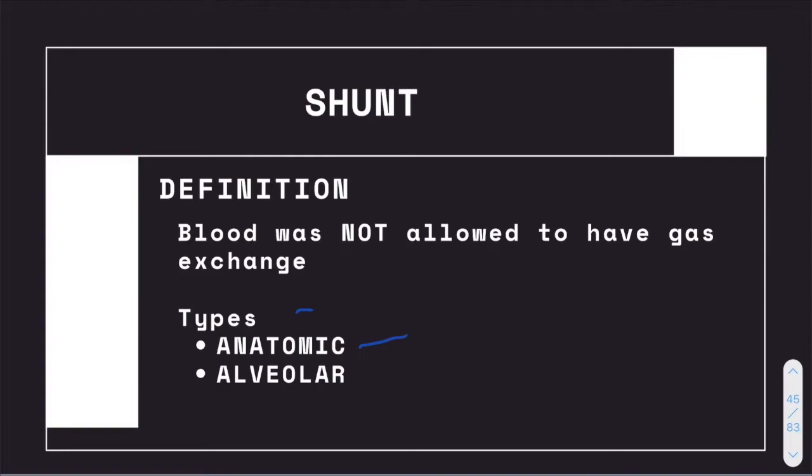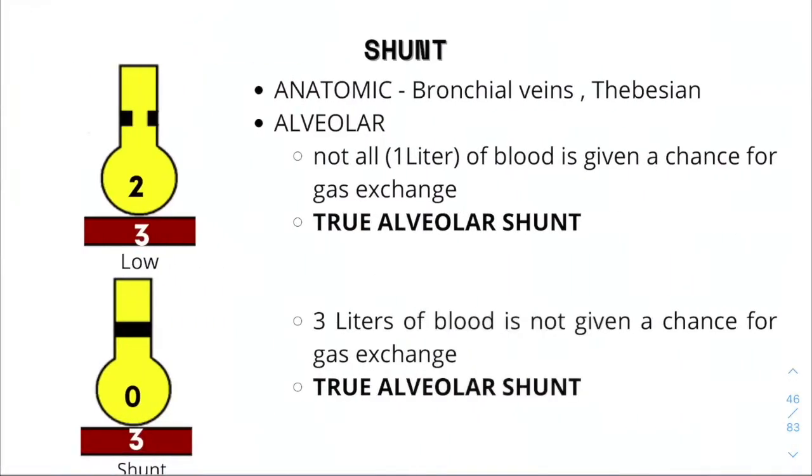You have your anatomic shunt and your alveolar shunt. There are two types of alveolar shunt: your true alveolar shunt and your alveolar shunt effect.